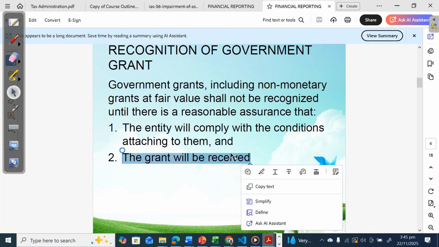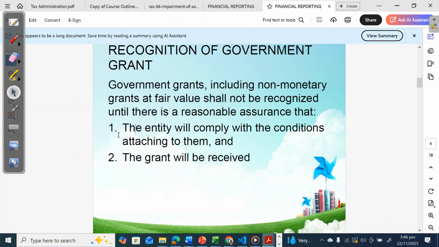It's not an empty promise, maybe like a political manifesto that we will give every business in this sector a certain amount of money as grants. This is not just political talk, but there's a reasonable assurance that the grants will be received. All right. So if these two conditions are met, then you can recognize the grant. If these two conditions are not met, then you should not recognize grants.